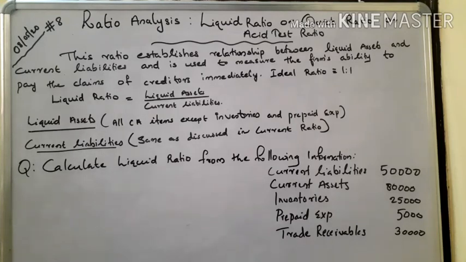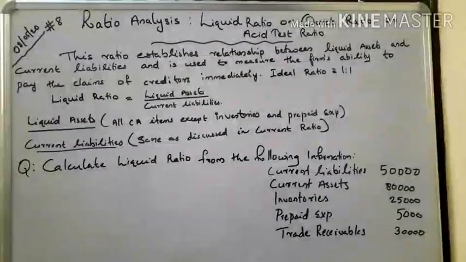In this liquid ratio, the equation is liquid assets divided by current liabilities. We have already learned what items come under current assets and current liabilities. But in the case of liquid ratio, liquid assets means all current asset items except inventories and prepaid expenses.